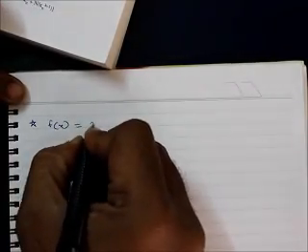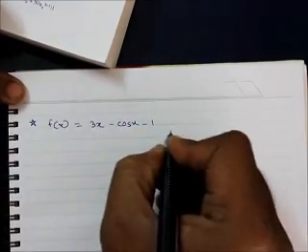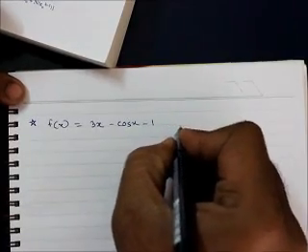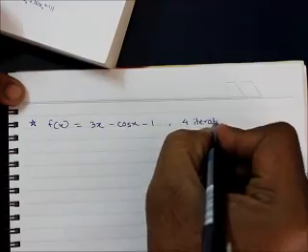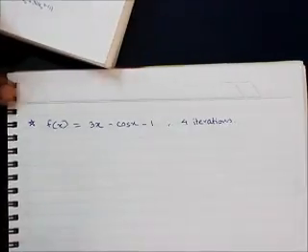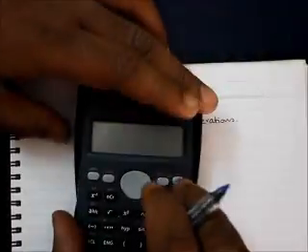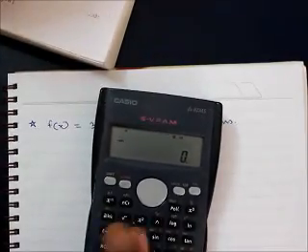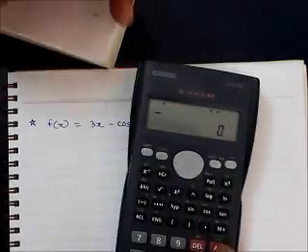Here f(x) is equal to 3x minus cos x minus 1. Okay, and what we have to do is solve it till 4 iterations. Let me start with taking a guess at what the initial bracket should be.